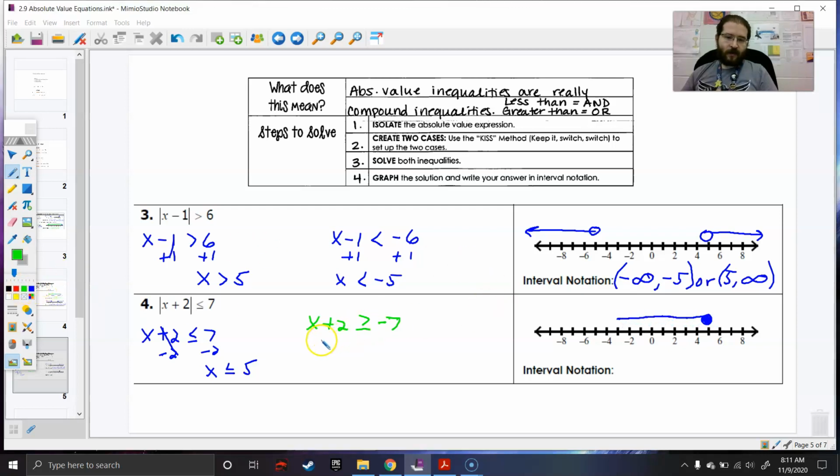All right, and for this one, we're going to subtract. So this would be greater than or equal to -9. So we have it like this. And then we just have that. And that would be our solution set. So we just put that in our interval notation. So we have -9 for our greater value.